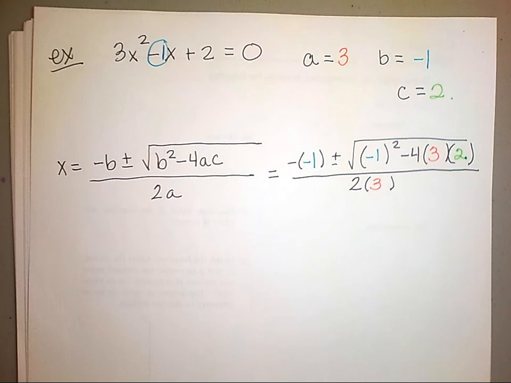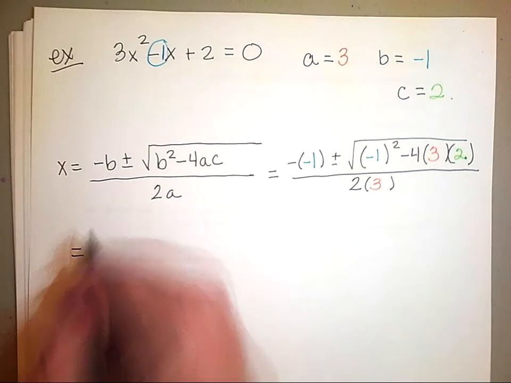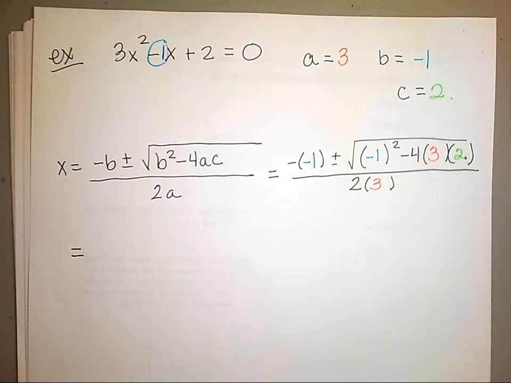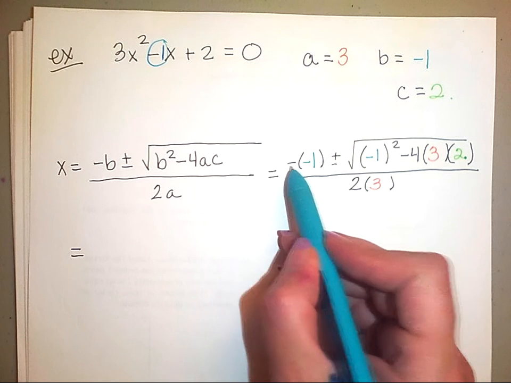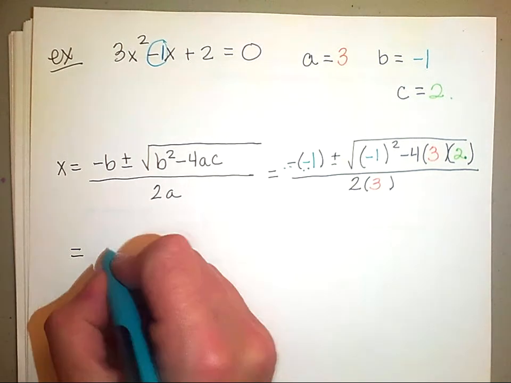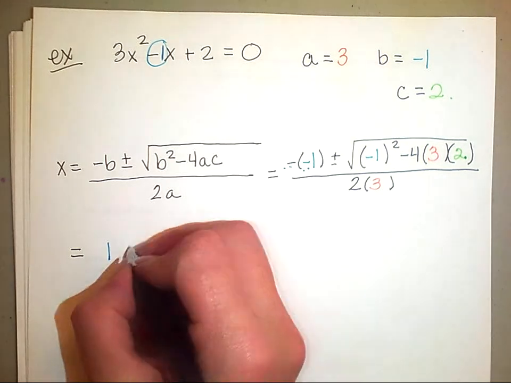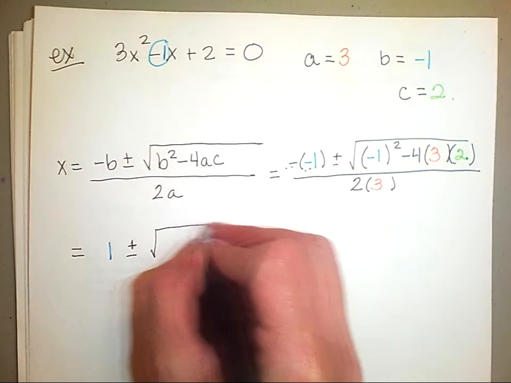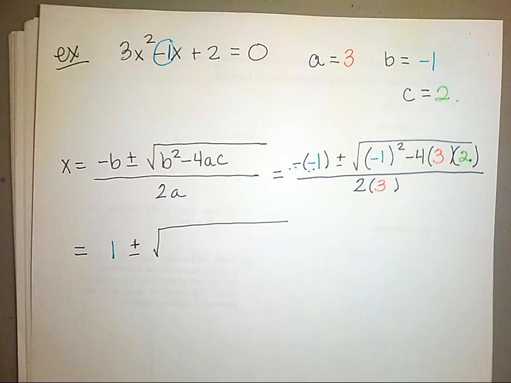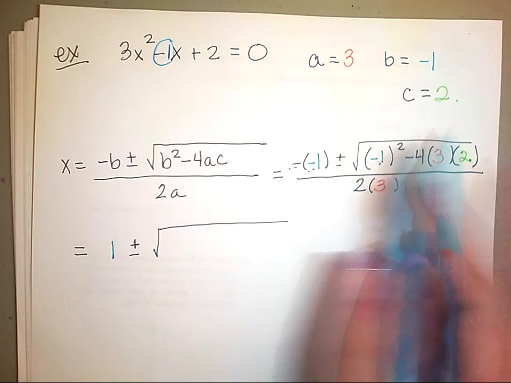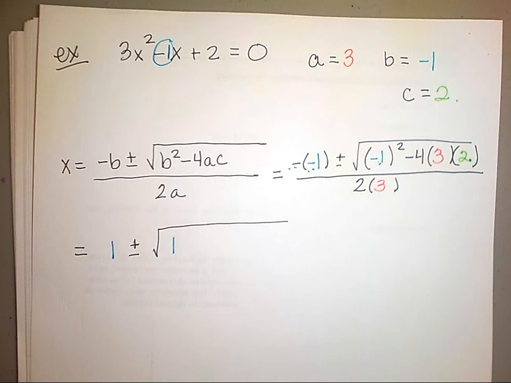Go ahead and start simplifying that. So here the negative and negative 1 will become positive 1. And then plus or minus the square root. Now be careful here. Negative 1 times negative 1 is also positive 1.